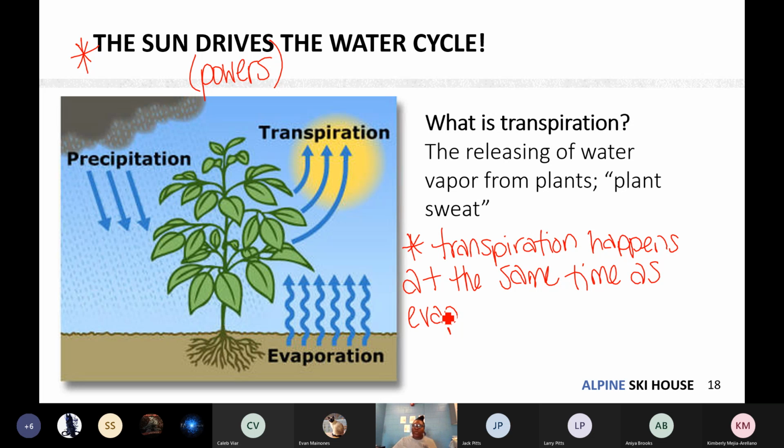So we want to make sure we understand at the same time when water vapor is rising from the ocean, plants are also releasing water from their leaves.